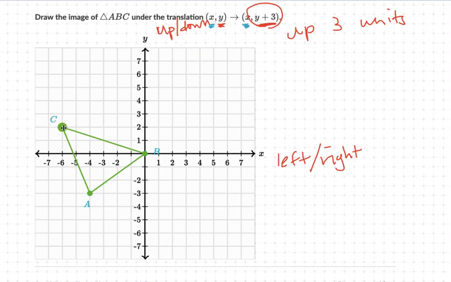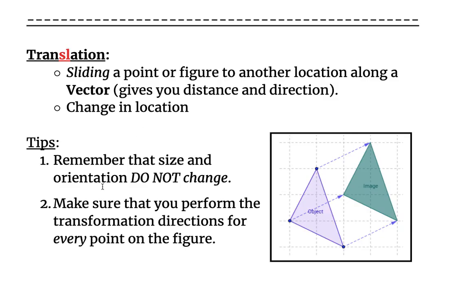We're only moving up 3 units. 1, 2, 3. So notice my shape changed, right? Because I only moved 1 unit. This is what I meant in the notes where I said make sure you perform the translation directions for every point on the figure.